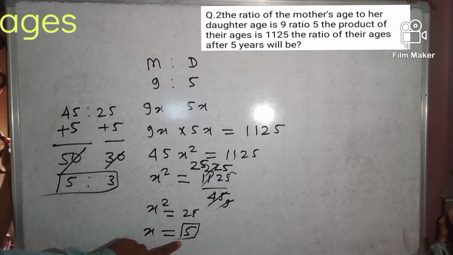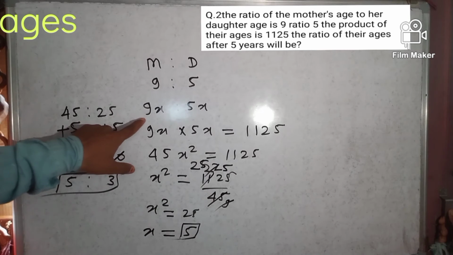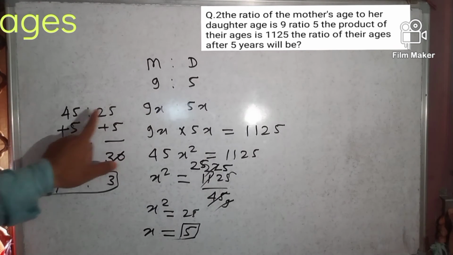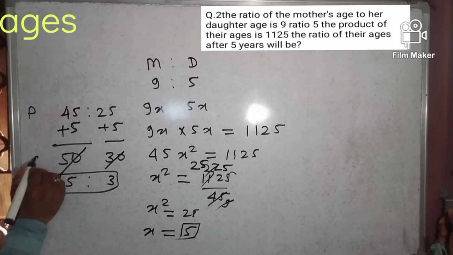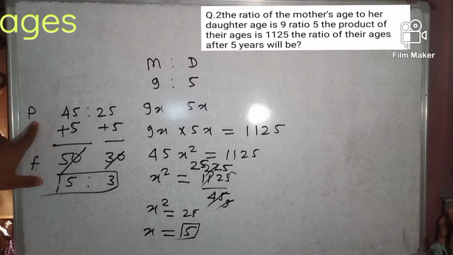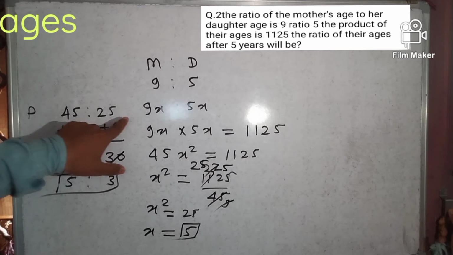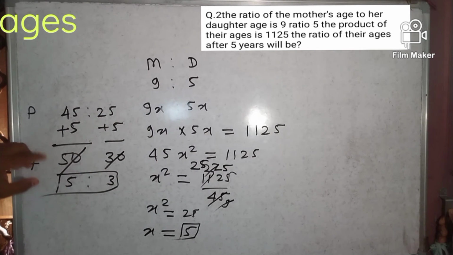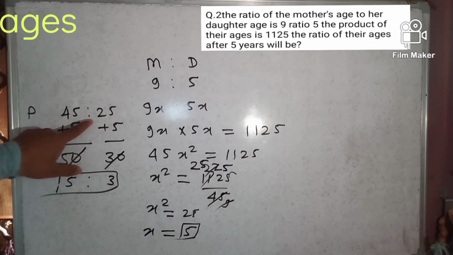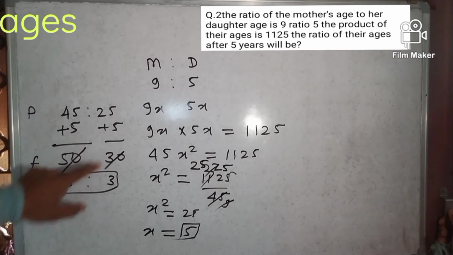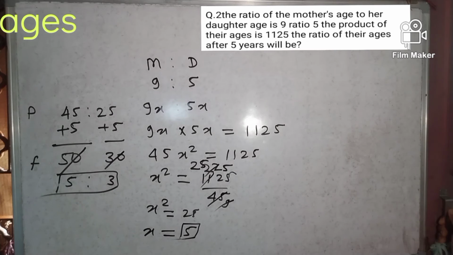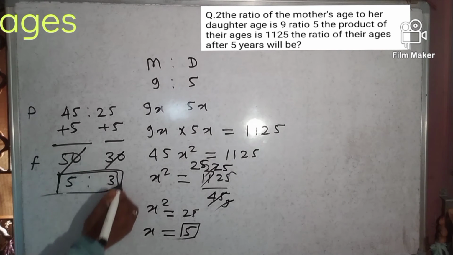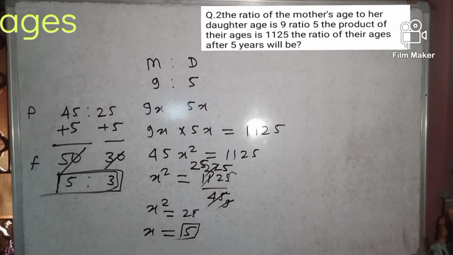So x is equal to 5. Present age of the mother is 9 into 5, 45, and present age of the daughter is 25. After 5 years it will be 45 plus 5 is 50 and 25 plus 5 is 30. In ratio, 10 times 5 is 50 and 10 times 3 is 30. So the ratio is 5:3. So option D is the correct answer.